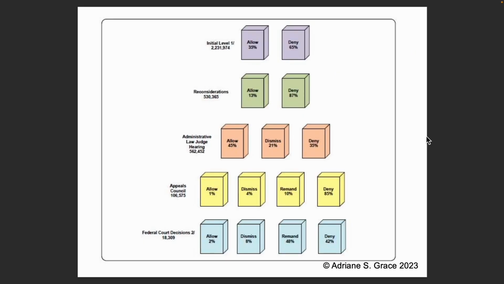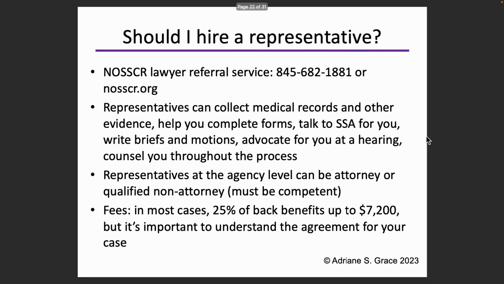This is just an old slide about percentage approvals, which are pretty low. But for people who meet a listing, it's not that bad. Consider that there's a lot of people applying who subjectively feel disabled, but really aren't under Social Security's rules.